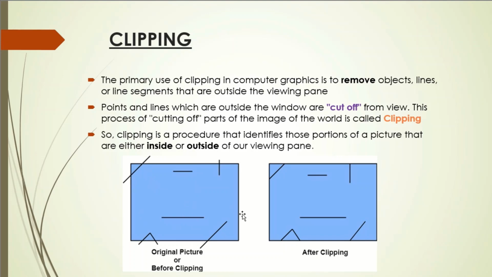That's why we get the result like on the right hand side here. After we perform clipping, we will get the picture like this, because it displays only those lines that are inside the clipping window. The ones that are outside will be removed. So this is the basic idea of what clipping is.